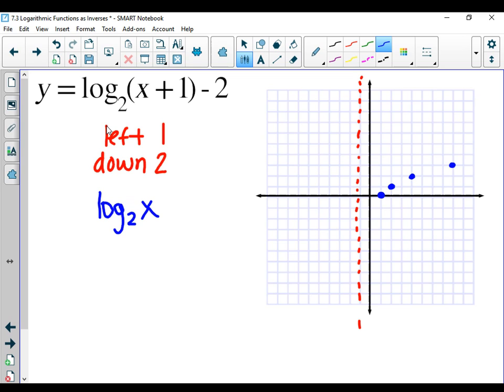But like I said, just enough so you can see the actual graph itself is plenty for me. So then now I'm just going to move every dot left 1 and down 2. And I have my graph.